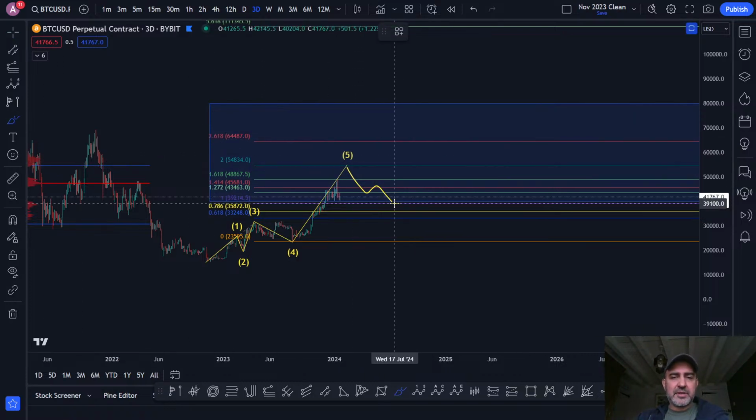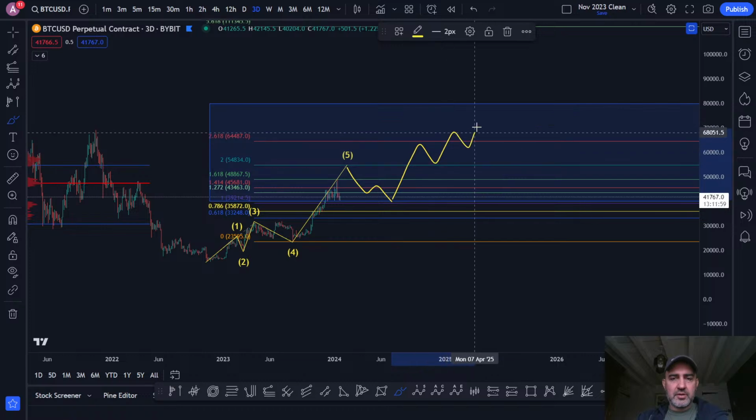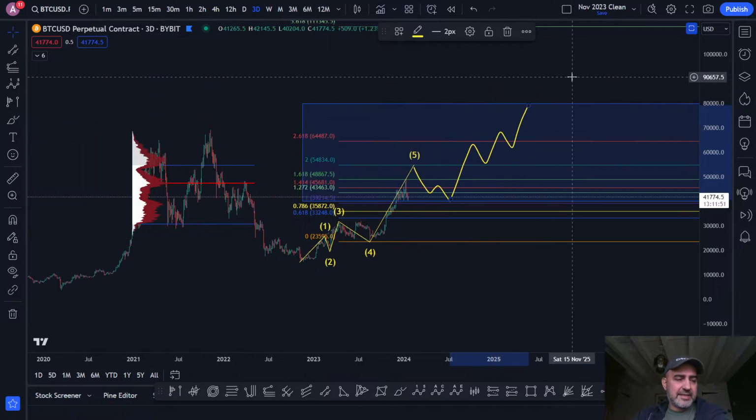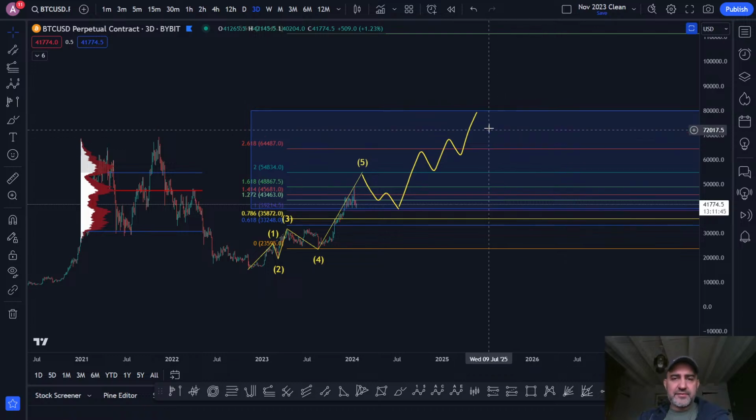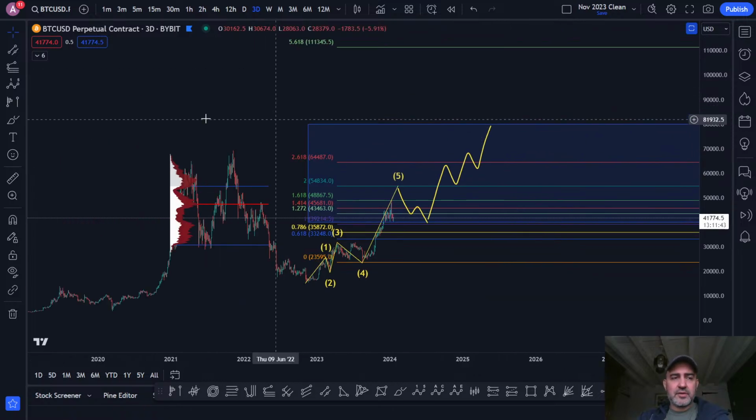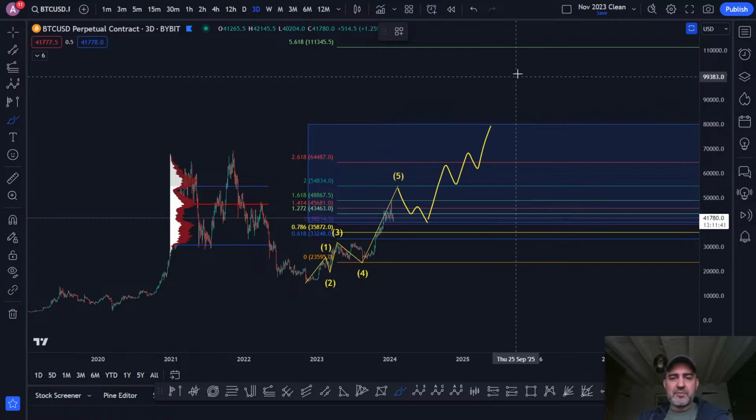If the next 3 can only go to there, less than this wave 1, then the 5 is going to be even smaller. So you're basically looking for less distance each time. And obviously if the 3 is expansive, then the 5 could be even more expansive.